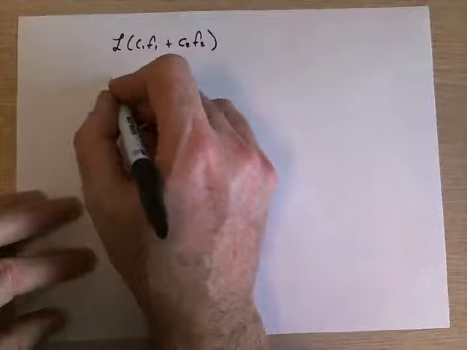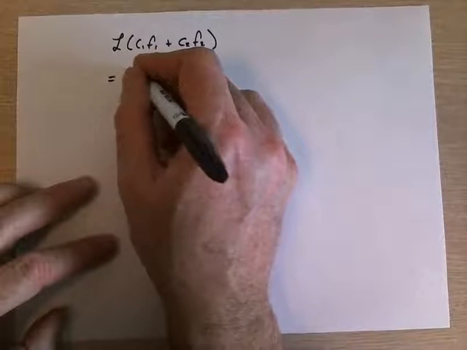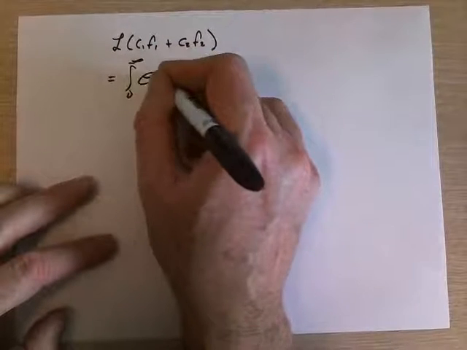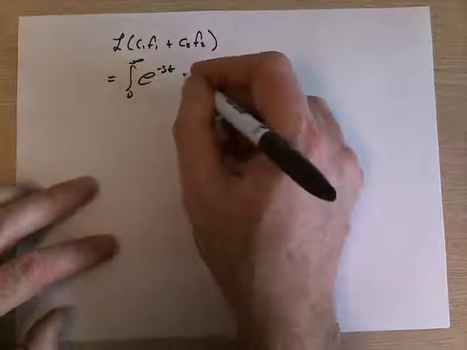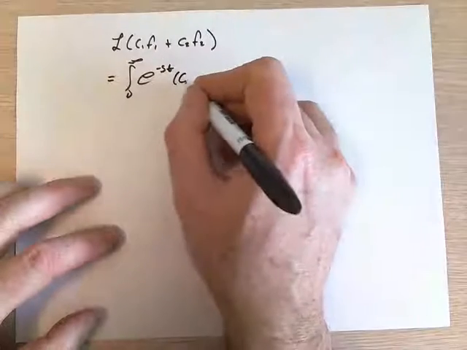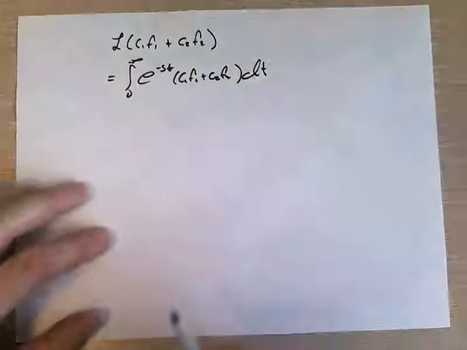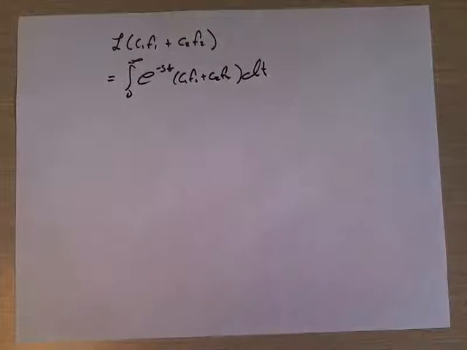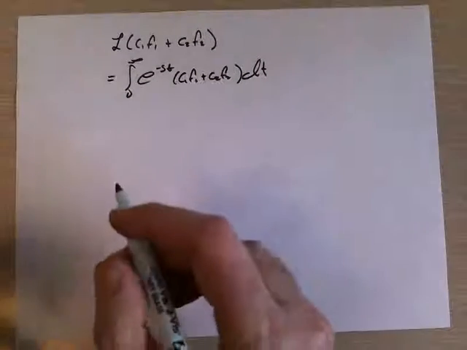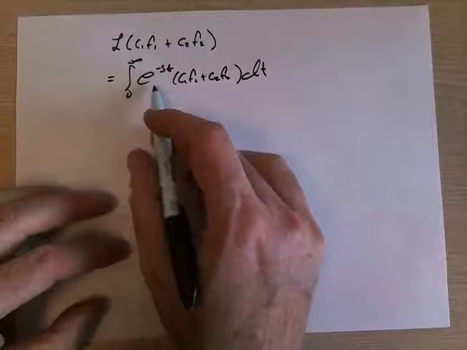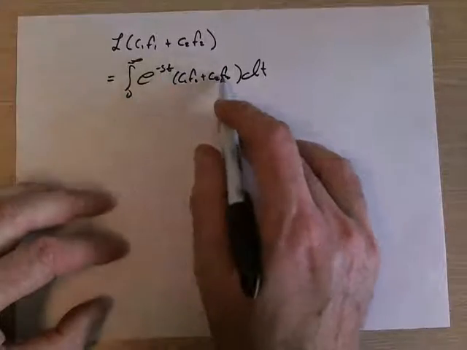So here we go. By definition, the Laplace transform is the integral from 0 to infinity of e to the minus st times this function, c1 f1 plus c2 f2 dt. But now there's a lot of linear things going on here because you have a distributive property, which means you can distribute to both of those.